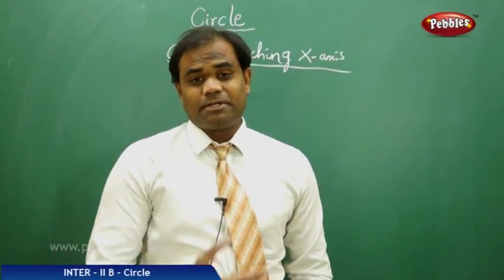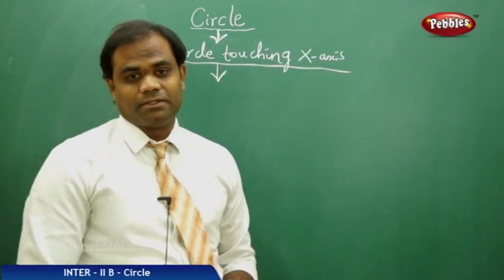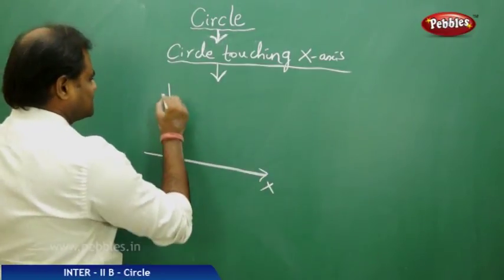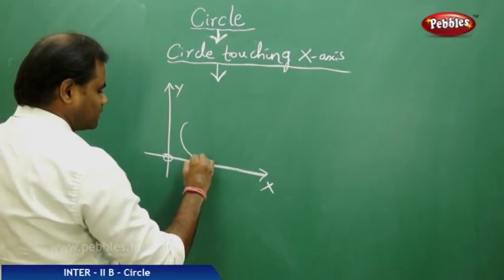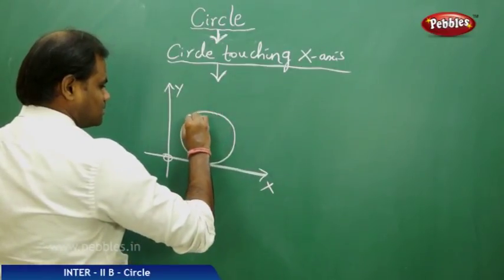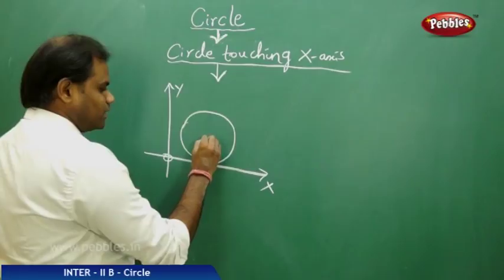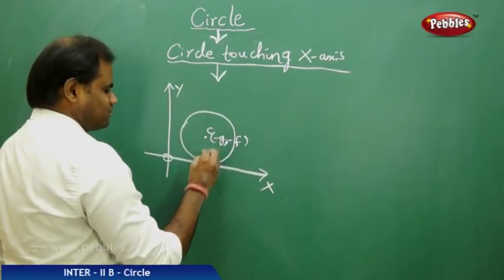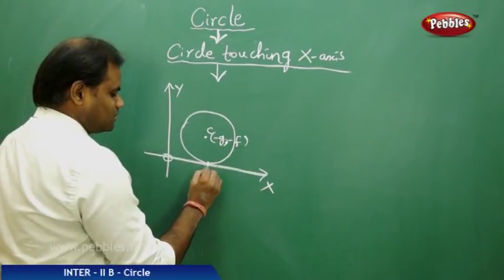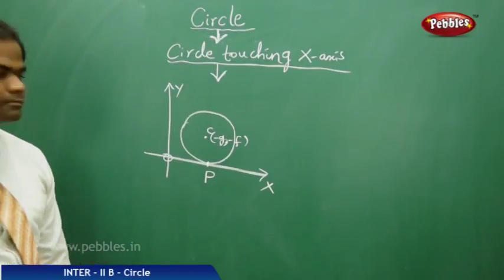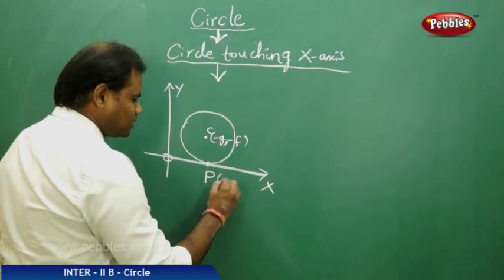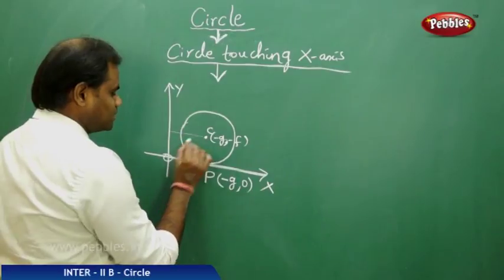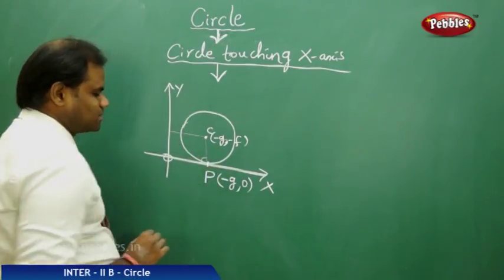So let's take a special case where a circle touches the x-axis. Under this condition, let's see, where I have the x-axis and y-axis and the circle is touching the x-axis, where the center is minus g minus f and it is touching the x-axis at P. Now clearly I see that the coordinates of P are minus g comma 0, because the distance which it makes here is the same as what it makes here.